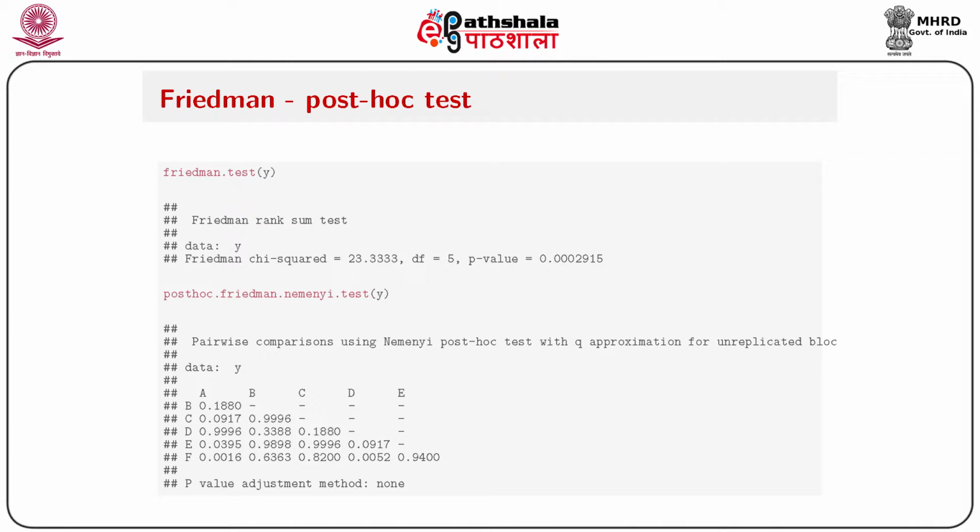A and B are not significantly different, whereas A and C, A and E, and A and F are significantly different. Similarly, D and E, and D and F are significantly different; the rest are not significantly different in the pairwise comparison.